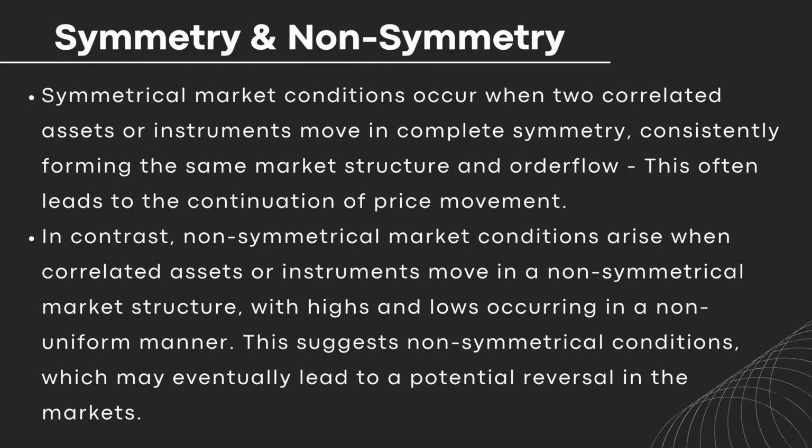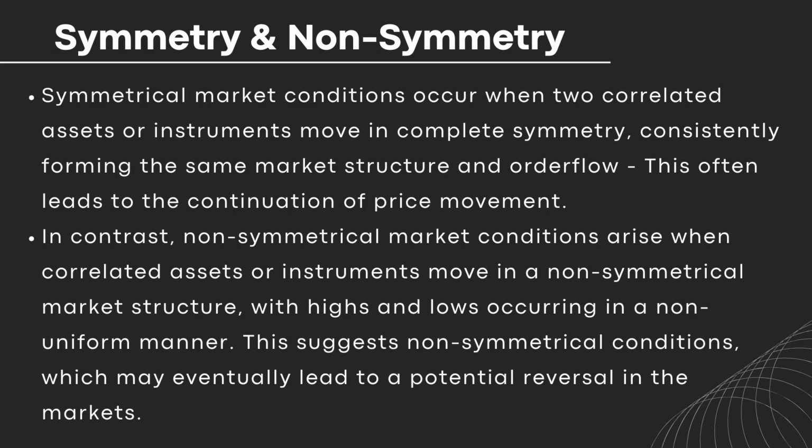Moving on, in this slide we're going to discuss what symmetrical and non-symmetrical market conditions mean, how they work, and how we can use the core concept in our analysis to gain conviction. Symmetry is basically defined as proportionate and balanced similarity found in two correlated or similar objects or structures. As we're using this term on our charts in our analysis, the definition for us would be proportionate and balanced similarity between two market structures or two order flows between two correlated assets.